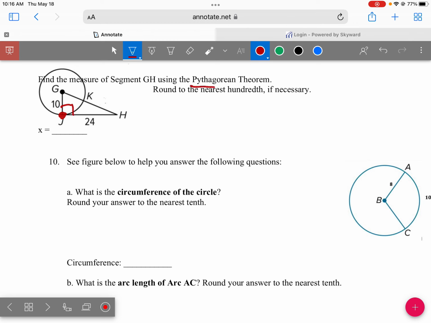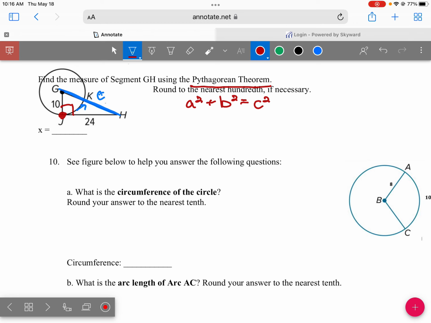So it's telling us we have to use Pythagorean theorem because we're trying to find this length right here. All right, so Pythagorean theorem, a squared plus b squared equals c squared. I would guess that formula is already on your sheet.